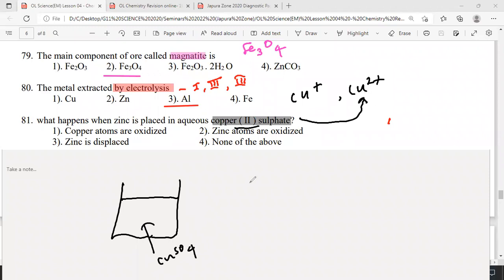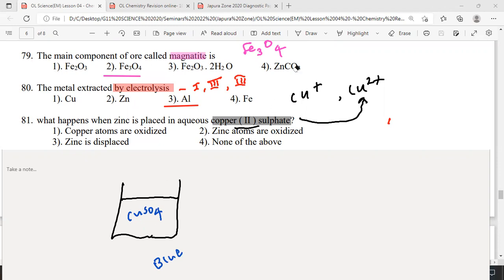So what happens now when you add zinc to this copper sulfate solution? What is the color here? Blue. This is very important. Once in the oral paper they gave this under a structured essay also. This is a blue solution and is CuSO4. So what happens now when you add zinc?